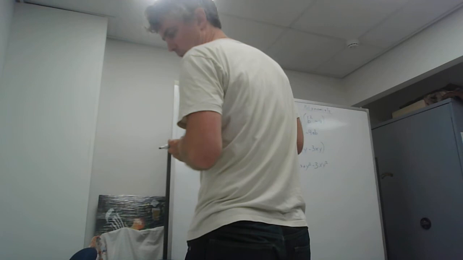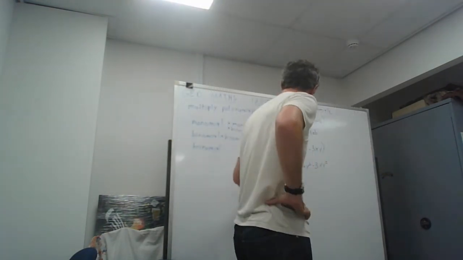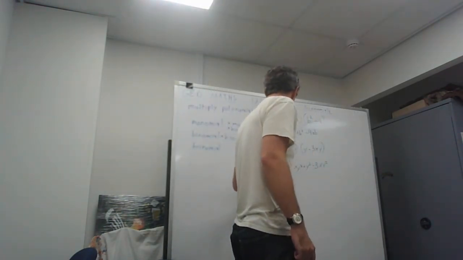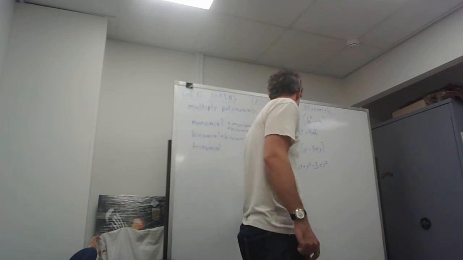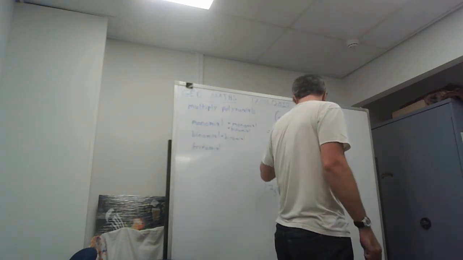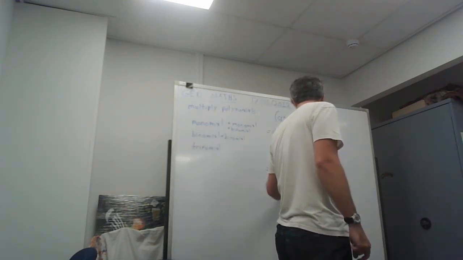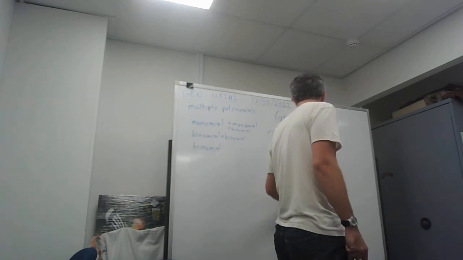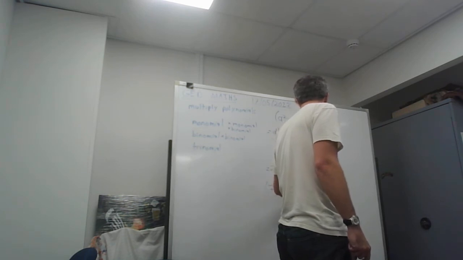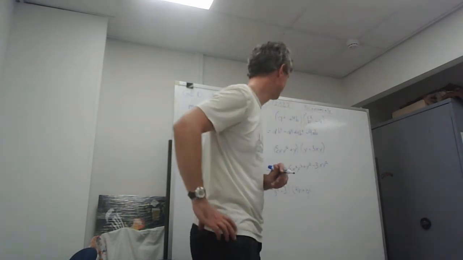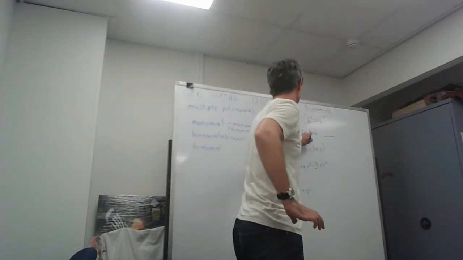Alright, let's do 7g squared minus 3 times 4h plus g squared. No lines between these.